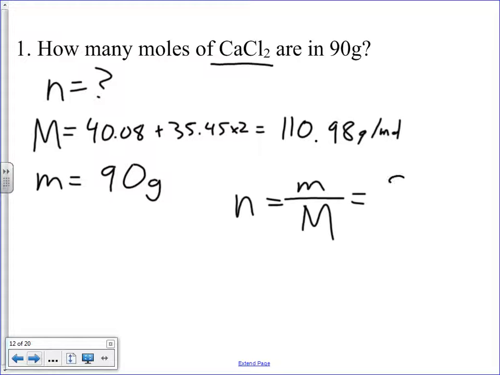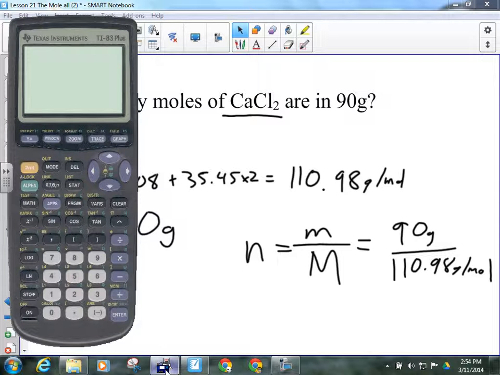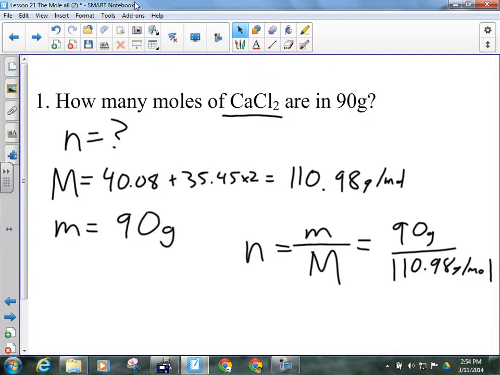Little m was 90 grams. Big M was 110.98 grams per mole. So 90 divided by 110.98. All right, so this is 0.81 moles.